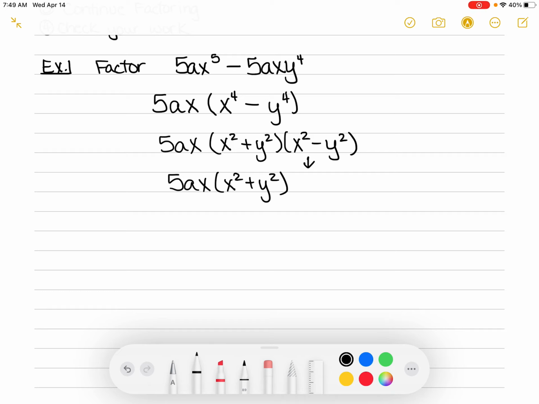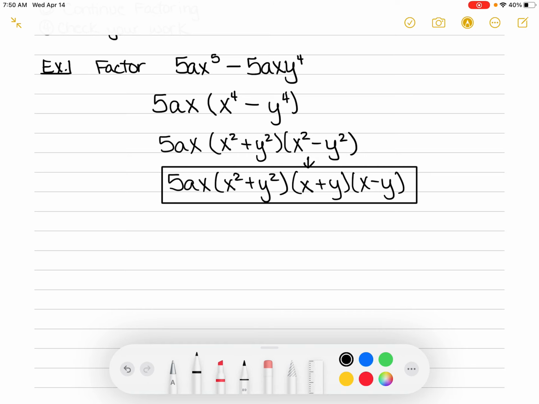And then I'm going to factor this one into x plus y times x minus y. And now I have factored completely. So you got to make sure that you go that extra distance if you have something like this. If you have that on your test, and you probably will, and you don't finish factoring, you're going to get points taken off. A lot of points, not just a little bit of points, a lot of points.